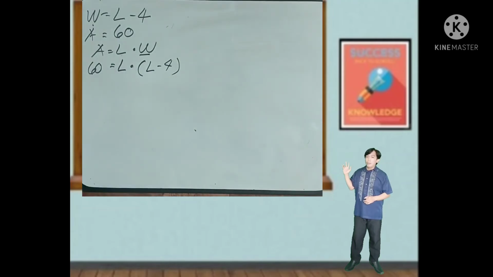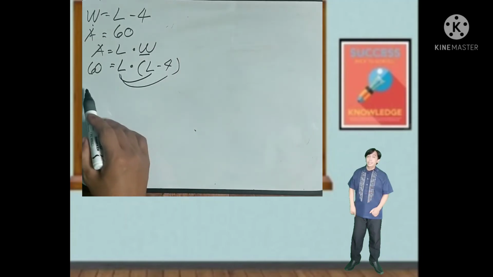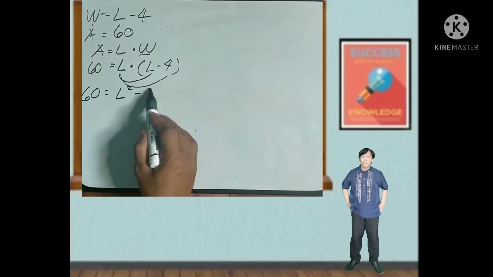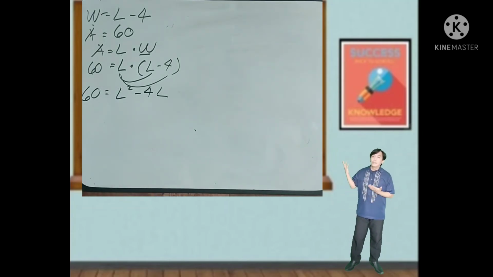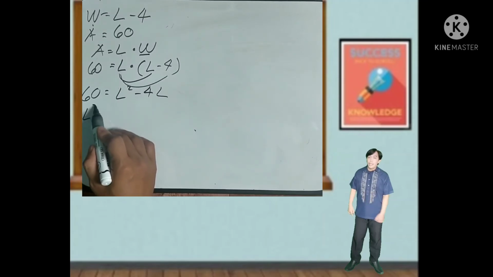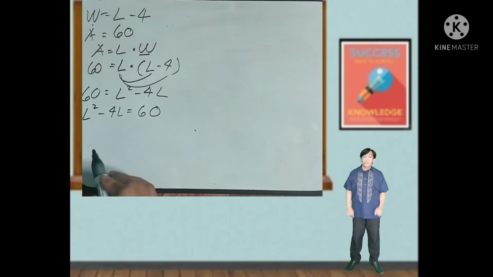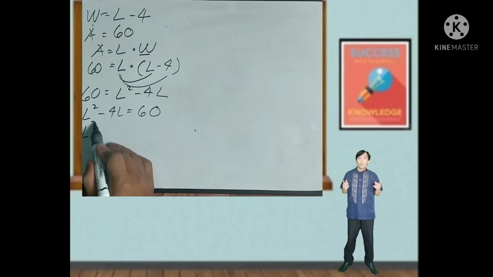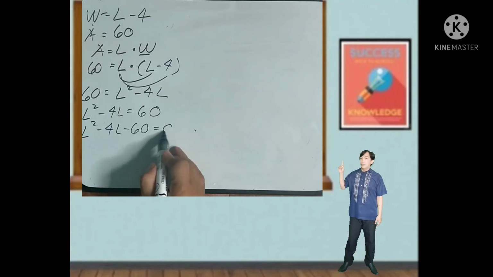Then using the distributive property, we have 60 is equal to L squared minus 4L. Okay, so let us just try to arrange it. So we have L squared minus 4L is equal to 60. So let us try to transpose 60 to the left. So L squared minus 4L minus 60 is equal to 0.